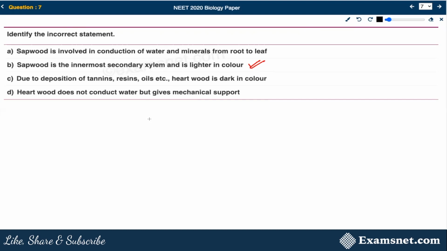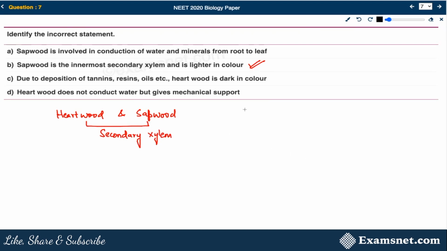The incorrect statement is statement B because there are 2 types of wood which are found. One is called the heartwood and the other is called the sapwood. Both of them represent the secondary xylem only. They are actually components of secondary xylem only. But one of them is responsible for conduction and the other is not responsible for conduction of water and minerals.